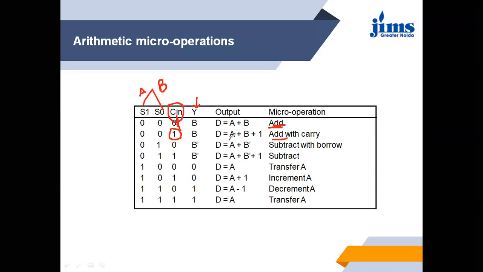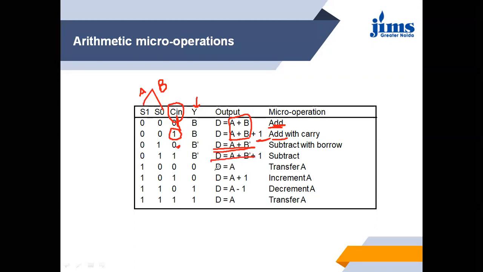Till here we are adding the numbers and we are adding a carry. So this is subtract with borrow, because here this is 0 and this is only subtraction.